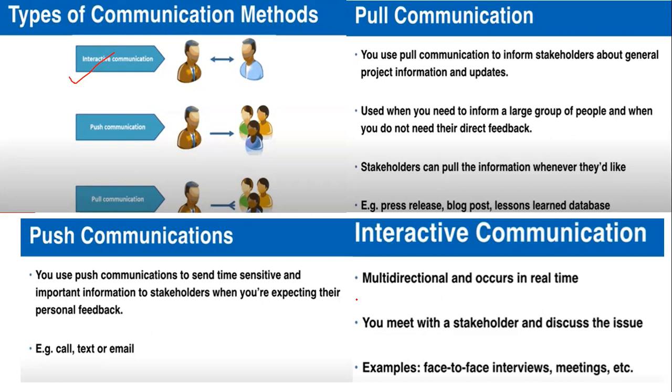And interactive is multi-directional, in the form of face-to-face interaction, a meeting, a small get together where you connect in two-way communication, right? So push communication is where you push it to the recipient, and pull is where it is pulled by the recipient.